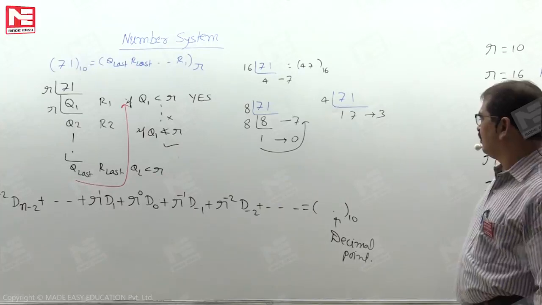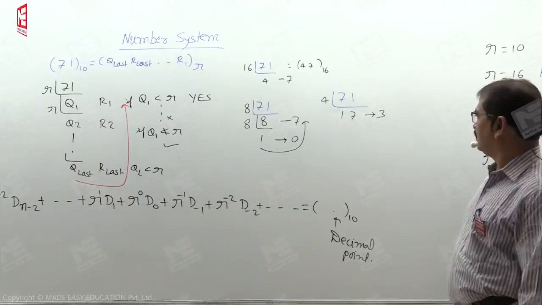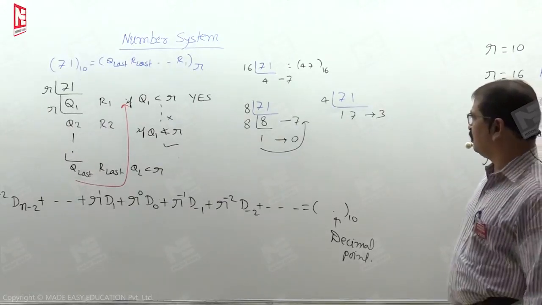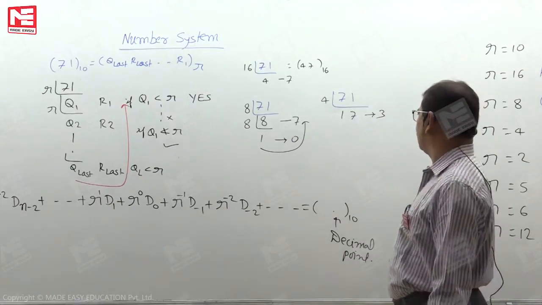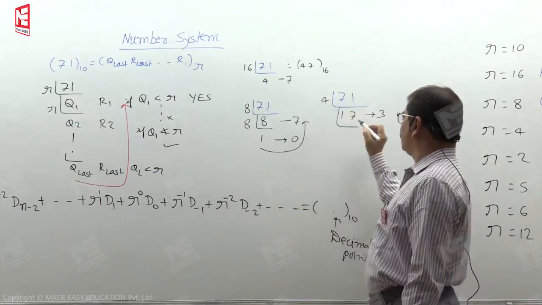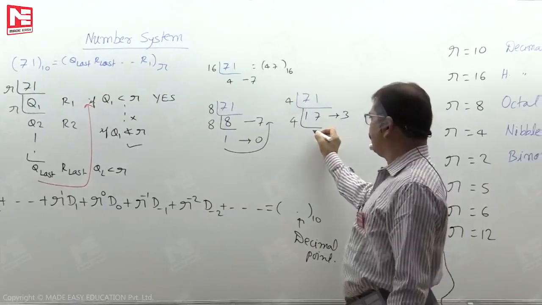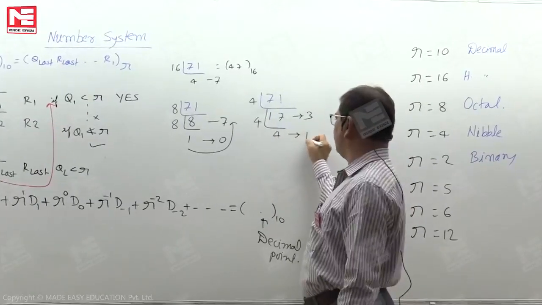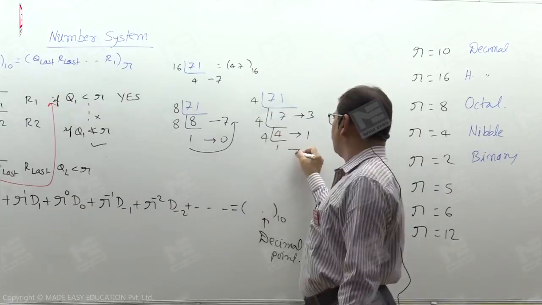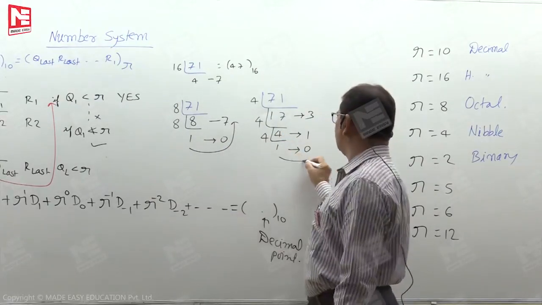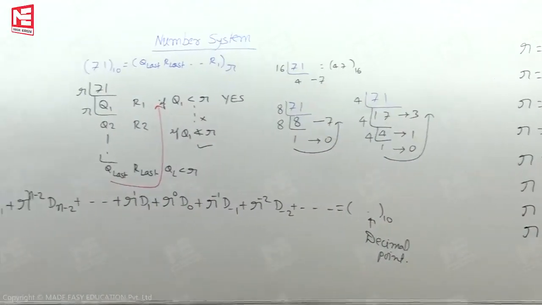The coefficient 17 is not smaller than the radix, so further division: 4 4s are 16, the remainder is 1. It is not smaller than the radix, so further division: 4 1s are 4, the remainder is 0. Hence it is 1013.